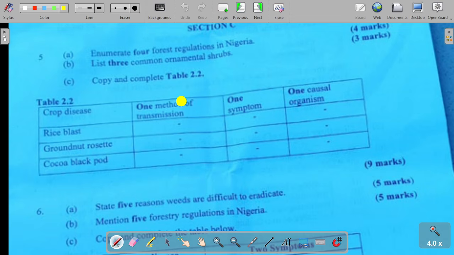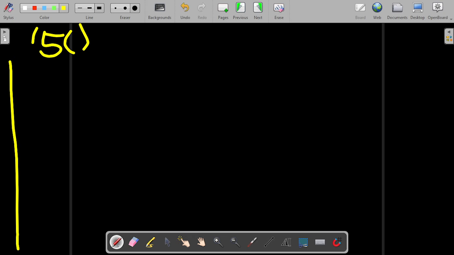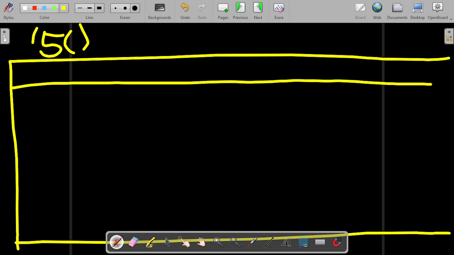Then question 5C is to copy and complete the table. So you have to draw the table the way you see it, with a decent ruler and biro, and each of the points is 1 mark. So let's copy it and complete it. Make sure you have a decent drawing.